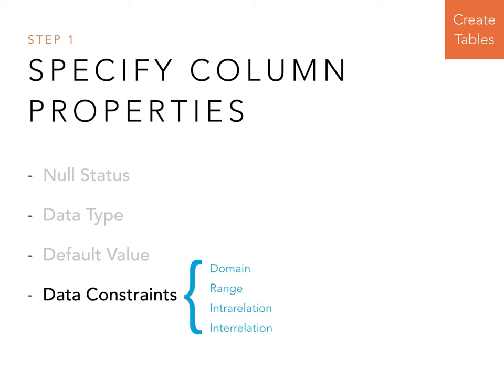You can also have interrelation constraints, which just means there are limitations on the legal values that this column can take based on other tables. Referential integrity constraints would fall under this category, right? Because the foreign key has to exist in the other table, so that would be an interrelation constraint. It just means there are rules that constrain the legal values for this column, and they're based on values that are in other columns of this same table. Those would really be business logic kind of rules. You know what I'm saying?